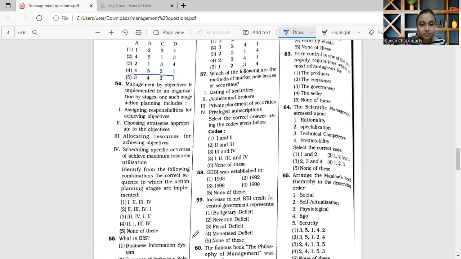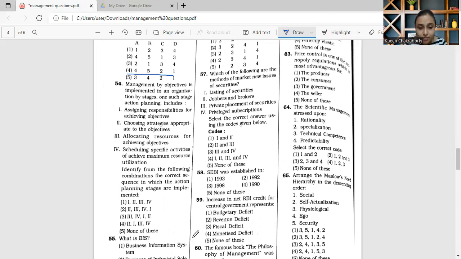Next, moving on to question number 54. Question 54 says management by objectives is implemented in an organization by stages. One such stage, action plan, includes assigning responsibilities for achieving objectives, choosing strategies appropriate to the objectives, allocating resources for achieving objectives, and scheduling specific activities to achieve maximized resource utilization.